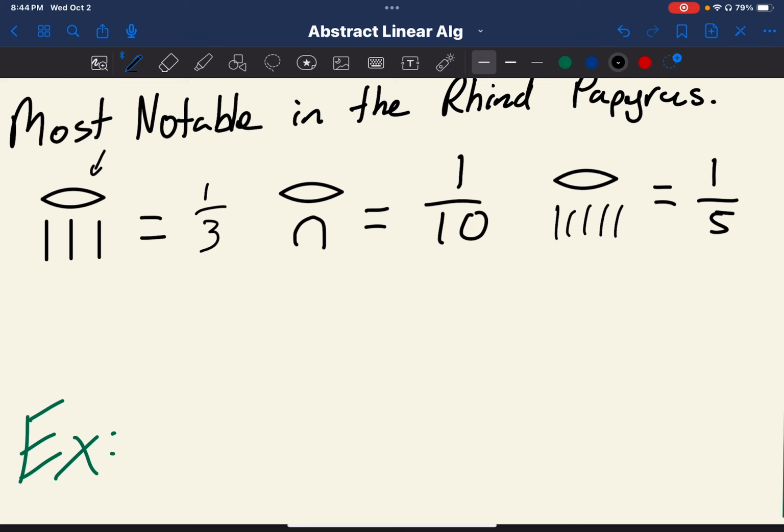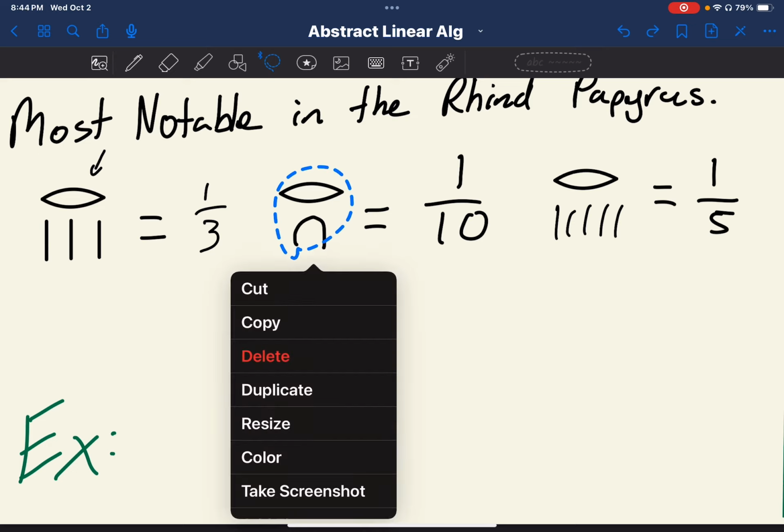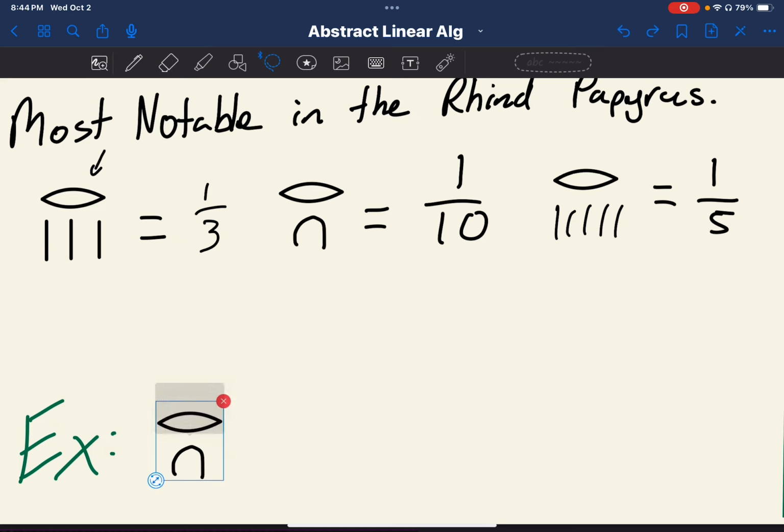So if we wanted to write an equation, we could write something like this. We could take the little eye thingy. I can't draw that very well. Wow, I'm just going to copy it blatantly. Let's say 1/10 and 1/5.